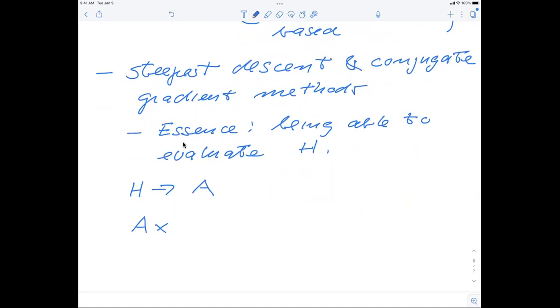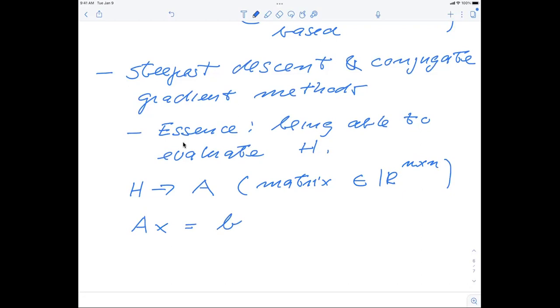A is a matrix, which we can think of as having dimensionality R of, let's say, n times n. So it's a real valued matrix. And this leads to a standard linear algebra problem where we have the matrix A multiplied with a vector x equal to a vector b.